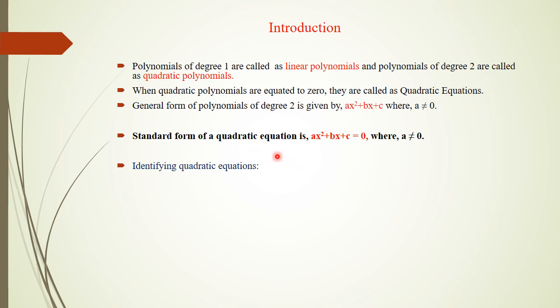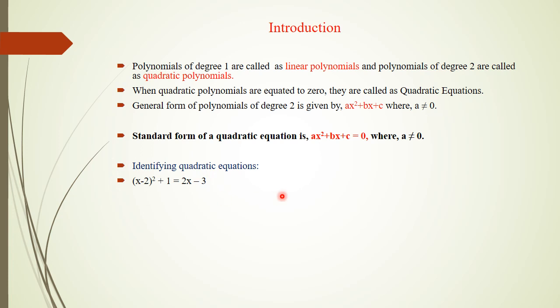In your exercise 1, there are a few questions given in this manner, asking you to verify or identify whether the given equations are quadratic equations or not. Out of those problems, I am picking this one example for understanding.